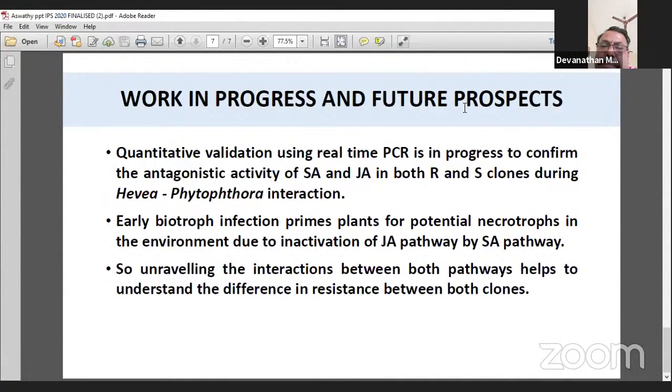What kind of pathogen related proteins? No, in the transcriptome data, we identified many pathogen related proteins. So we conclude that pathogen related proteins are upregulated. For this study, we took only the genes that are involved in the salicylic acid pathway. Further work is in progress.